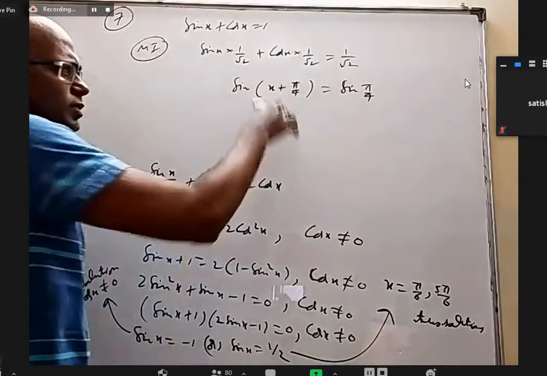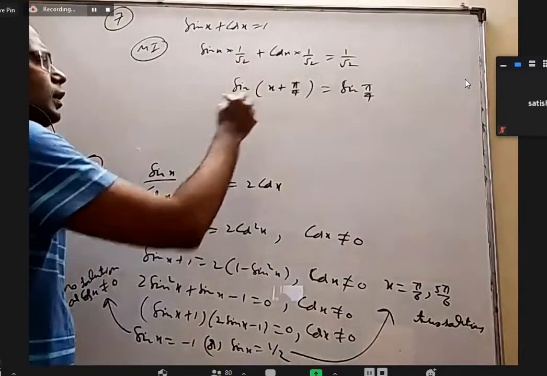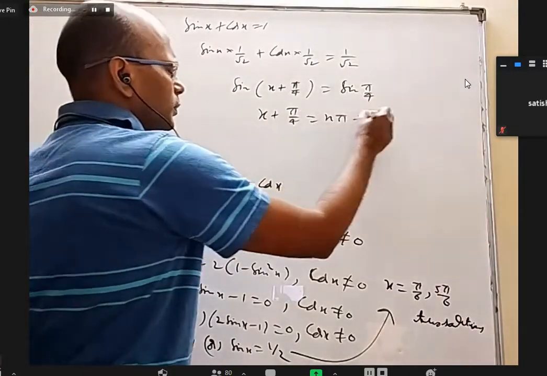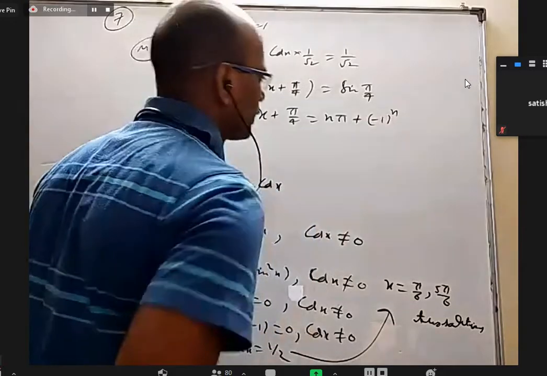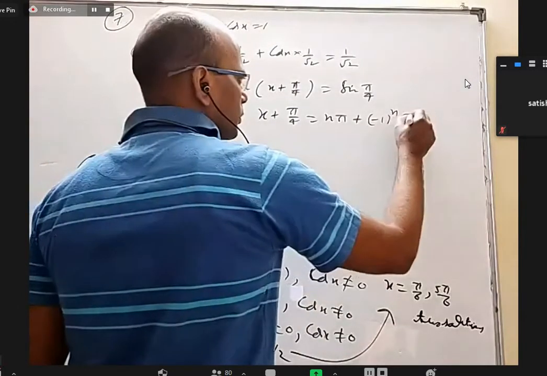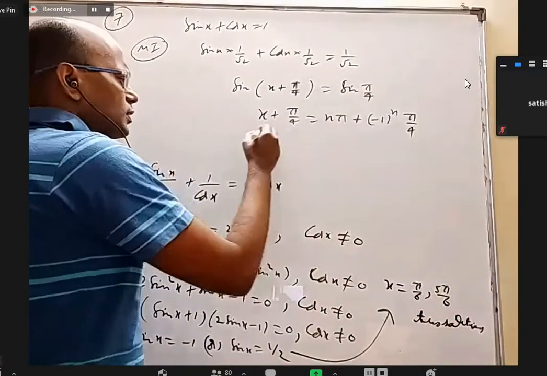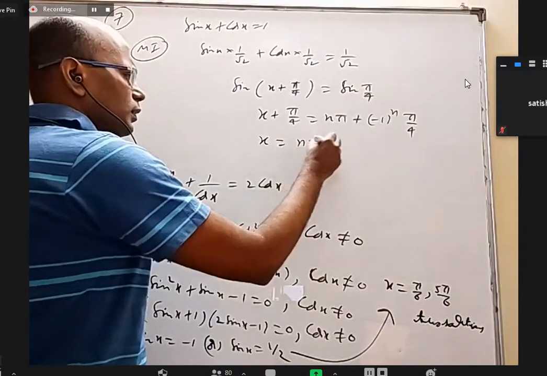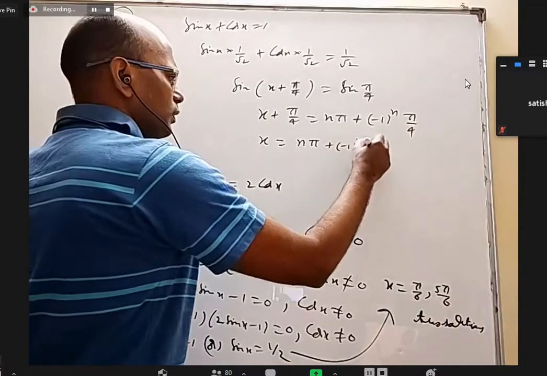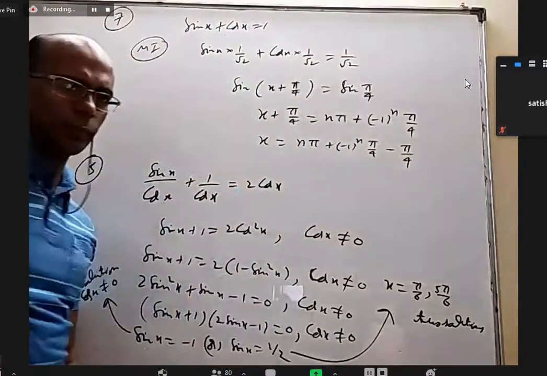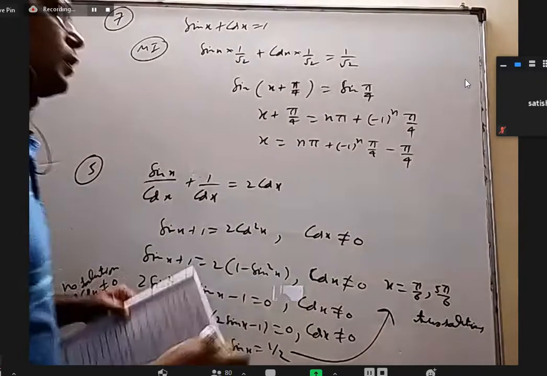Sin a cos b plus cos a sin b is sin(a plus b). And then we can write x plus pi by 4 is equal to n pi plus (minus 1) to the power n into pi by 4. Send this pi by 4 to that side, we'll get x is equal to n pi plus (minus 1) to the power n into pi by 4 minus pi by 4, n belongs to Z.